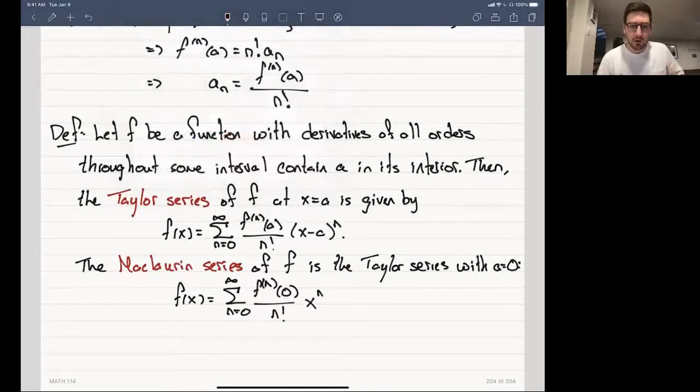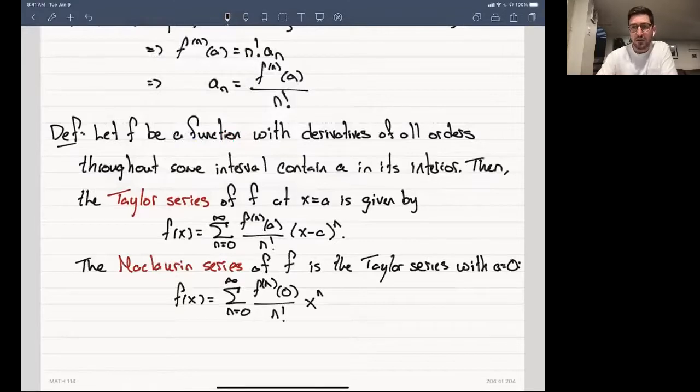Of course, centering around 0 is so important. We saw it with the power series as well. It adds a simplification, at least for our analysis here. This has its own special name: we refer to this as the Maclaurin series.